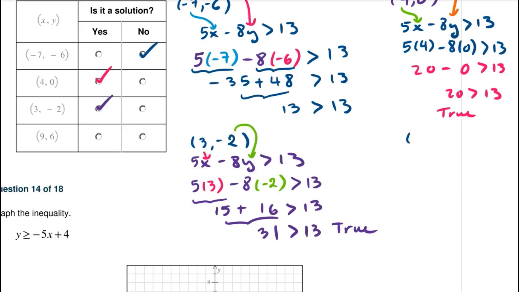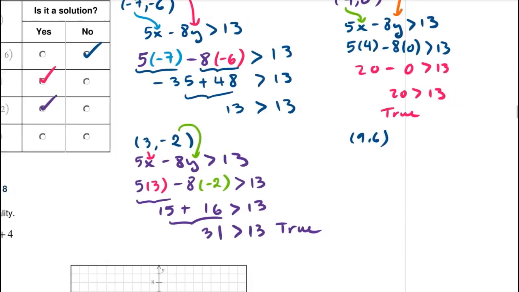Last point, 9, 6. Okay, so 5x minus 8y greater than 13, and we plug in 9 for x and 6 for y.